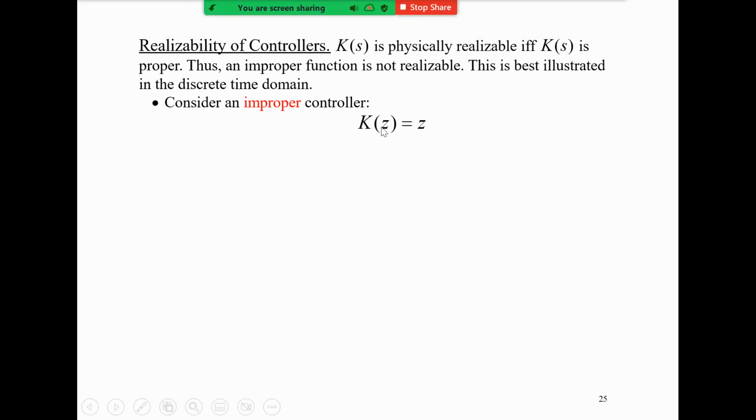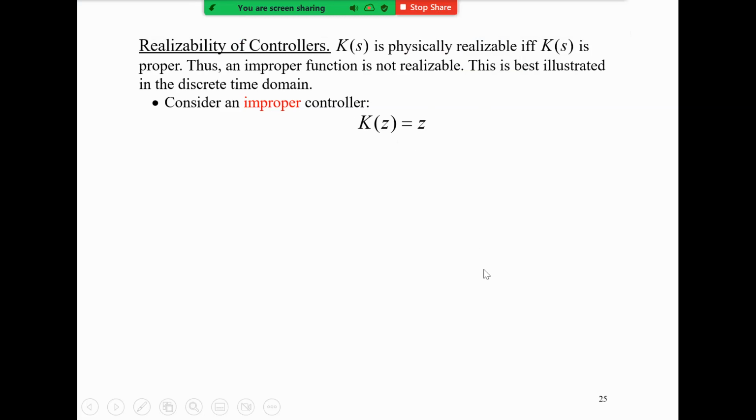Let's say we have a controller in the discrete time, or Z transform. We know the degree of the numerator is 1 and the degree of the denominator is 0, so it is not proper.